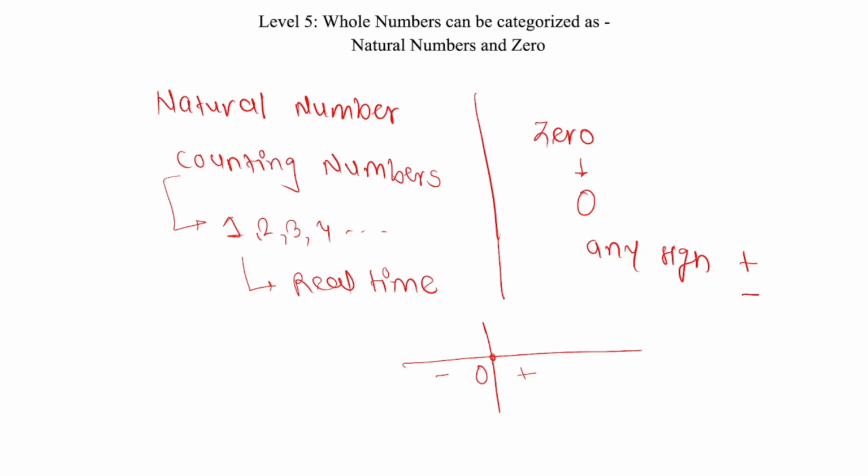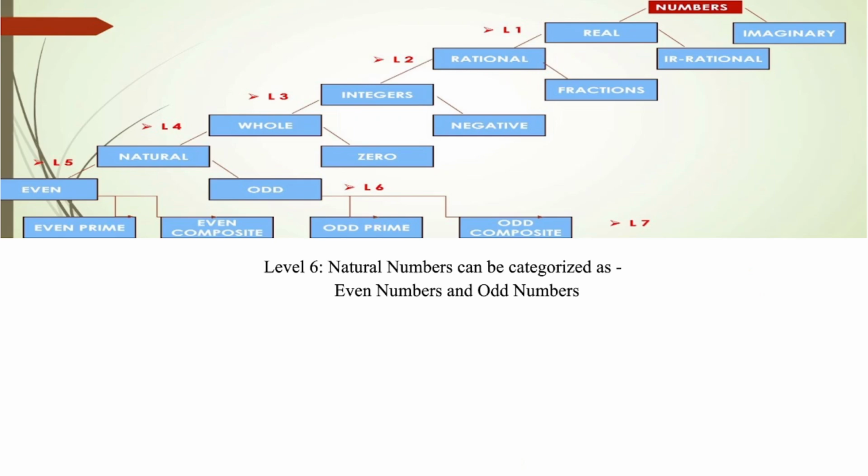So it is at the origin level which originates every system. So this is the basic difference between natural numbers and 0, which is a type of whole number.